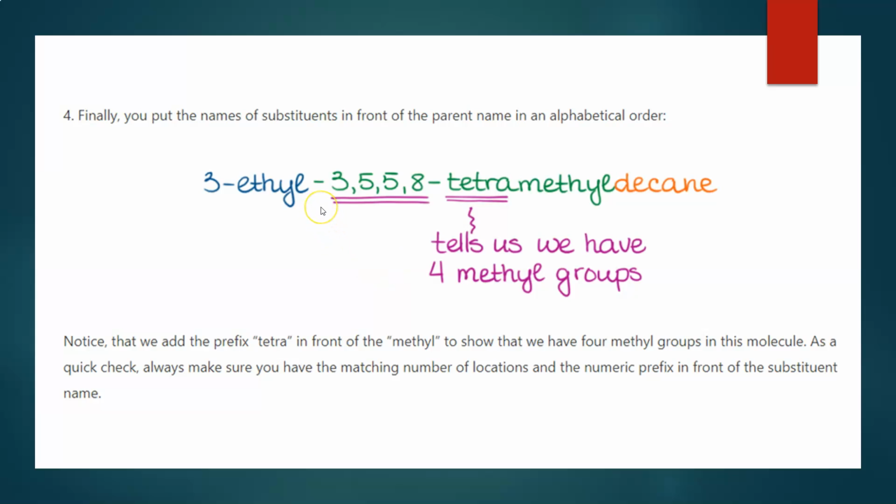So the name of this compound will be 3-ethyl 3, 5, 5, 8 tetramethyl decane, because you have 4 methyl groups and the decane that is the parent chain. Then the 3, 5, 5, and 8 is according with the position of the methyl groups.